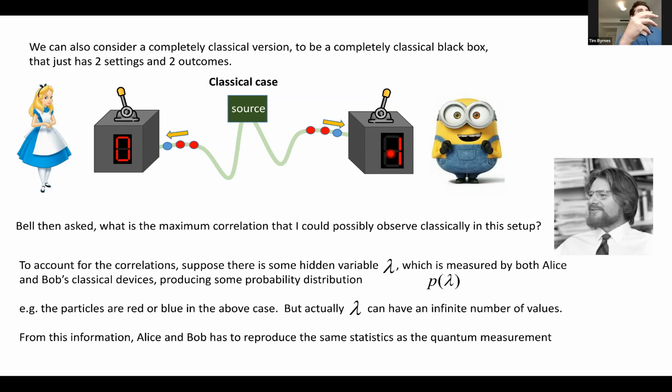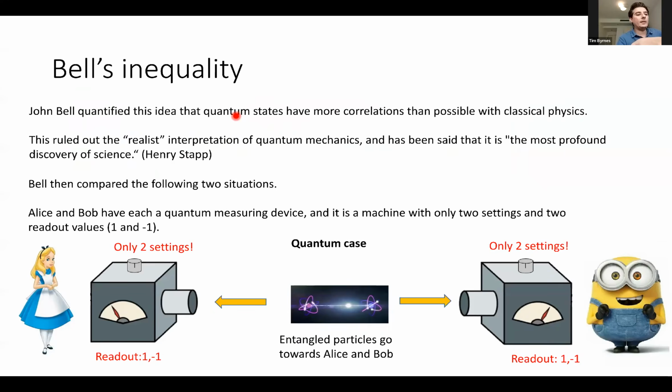And what's important in this way of thinking is that we're going to make any judgments purely based upon the outputs of these boxes and these input settings. So we consider it to be a kind of black box, even though I replaced it in this case with a classical source where there are these correlations, or it might be a quantum source.